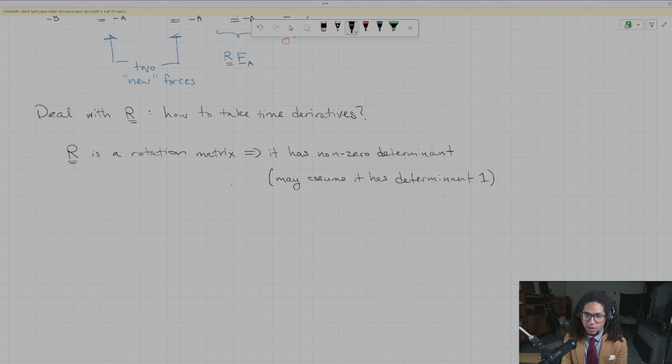Now what this means is that I can express R as the exponential of some matrix A. So R is equal to e to the A. Now this is really quite useful because we are a lot better at taking derivatives of exponentials than we are of taking derivatives of other functions.